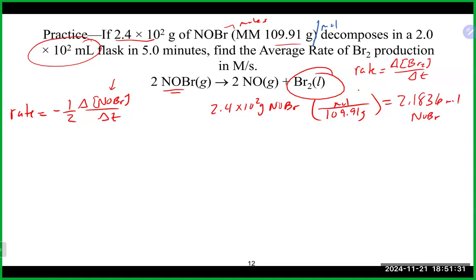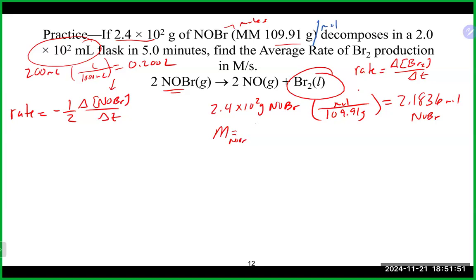We have basically 200 milliliters, which if we convert to liters by dividing by 1,000, will give us 0.2 liters. So we can take our moles there to get the molarity of our NOBR.